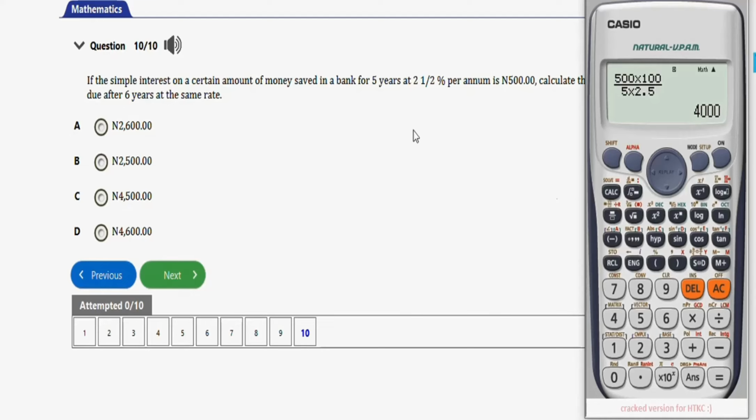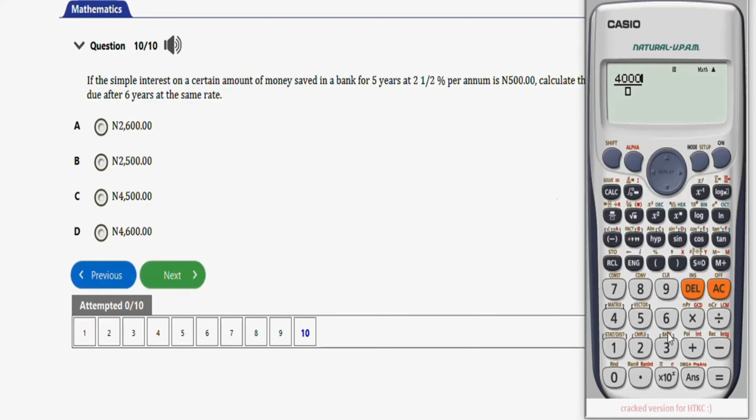Now let's get the interest in 6 years. Once we get it, we add the interest in 6 years plus this principal in 5 years. That will be the final answer. So the principal is 4,000.